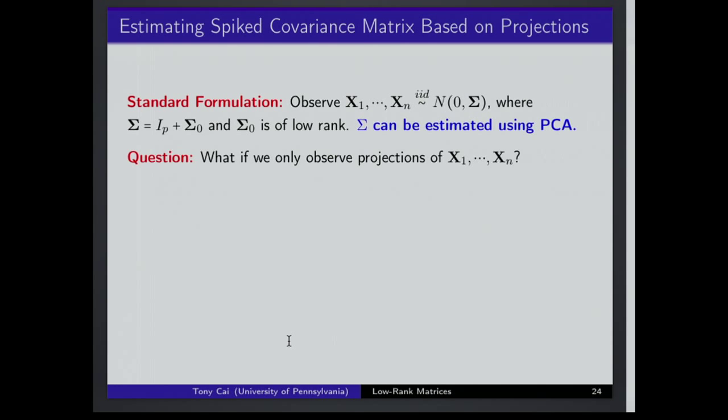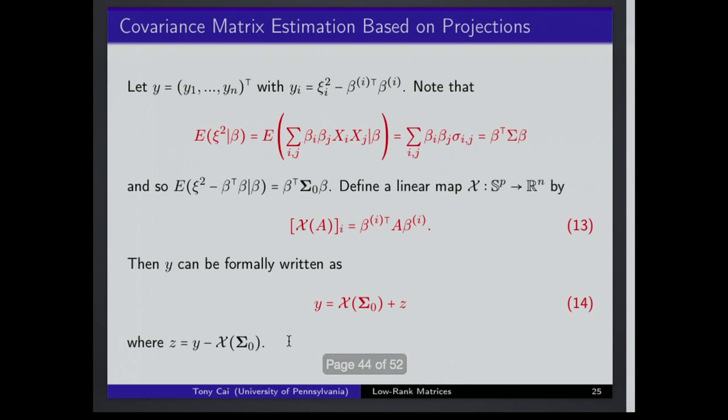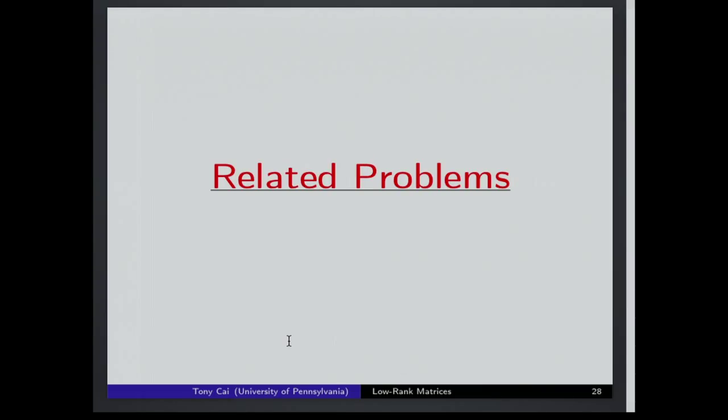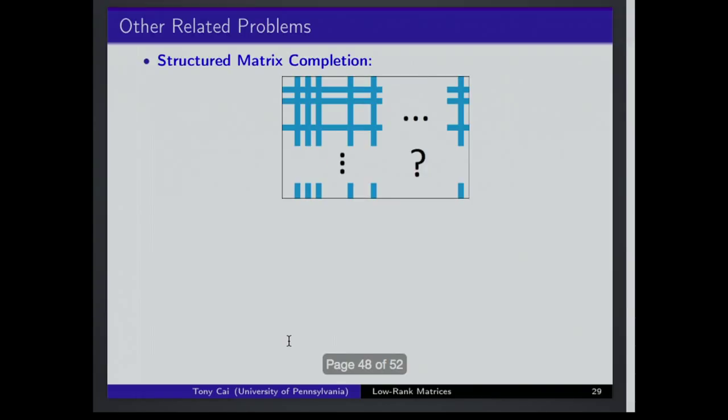But the question is, what if we only observe the projections of a high-dimensional random vector? It turns out that by applying our method, you can also estimate the covariance matrix based only on rank one projections. I'll skip this one because I want to mention a few other problems.